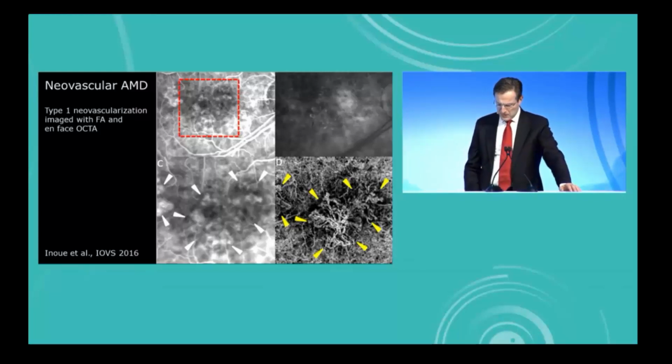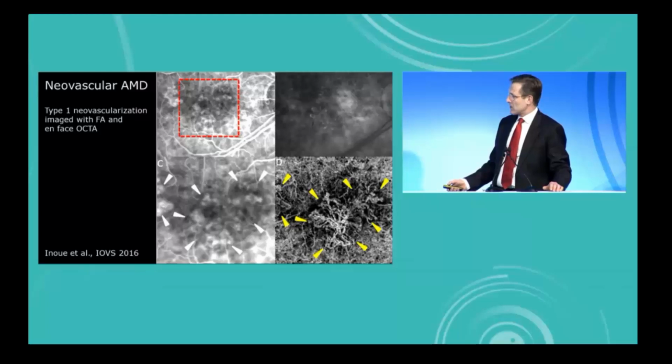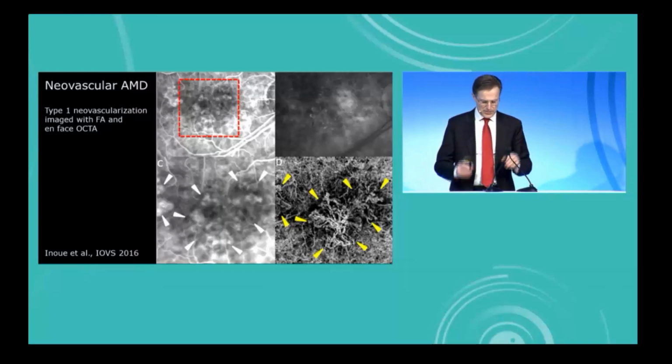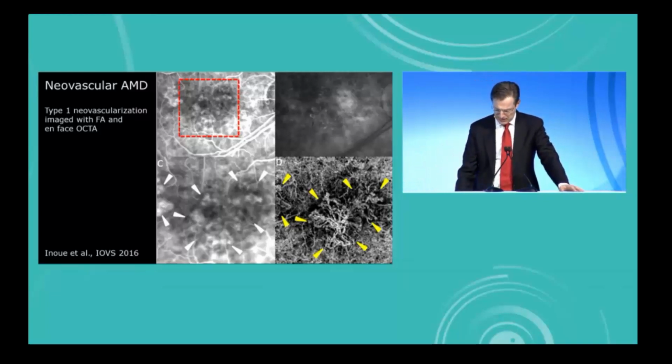Whereas with the OCT angiogram, you have a lot more details, and you see the whole pattern of the branching, and you get a good impression of where in the middle there's probably a feeder vessel.